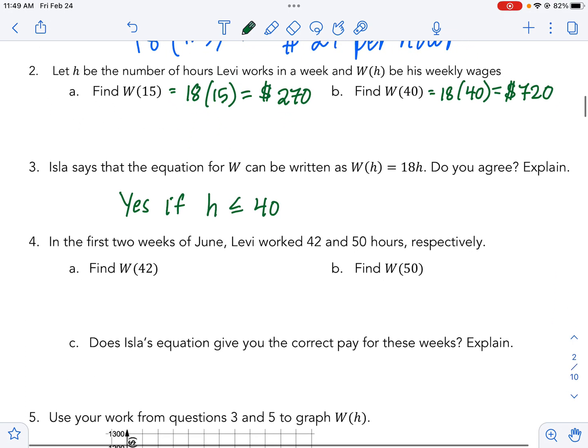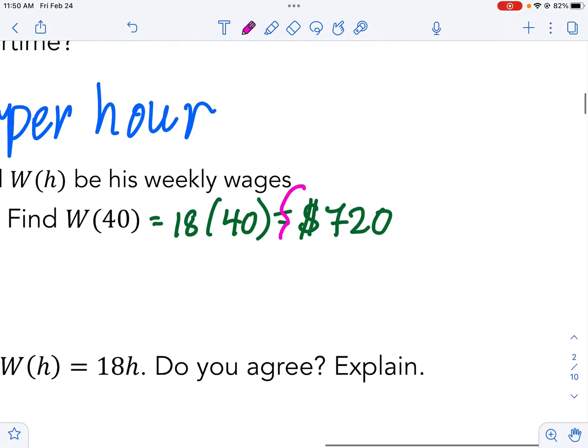Number 4 says, in the first 2 weeks of June, Levi worked 42 hours and 50 hours respectively. Can you find how much he earns if he works 42 hours? All right, so we know that for the first 40 hours, it's $720.